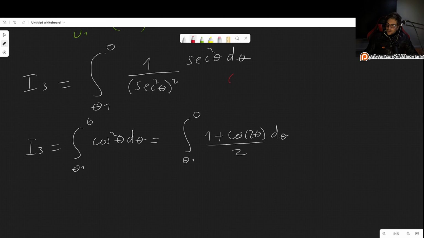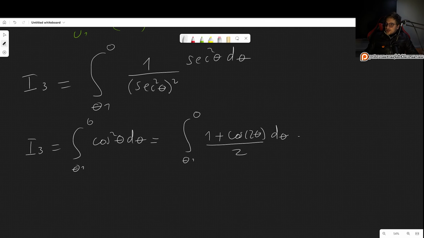It comes from the fact that cosine squared plus sine squared is equal to 1, and also cosine squared minus sine squared is equal to cosine of 2 theta. So if you add these two together, you can find this formula, and if you subtract them, you can find a formula with a minus sign there, which is when you have sine squared. Okay, so that was just a quick reminder.